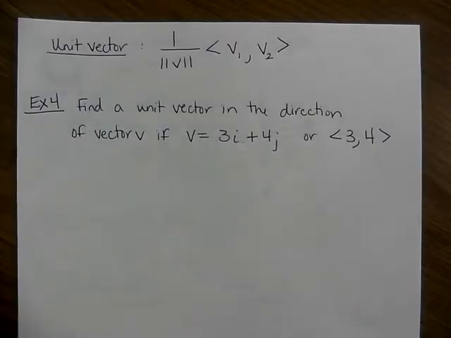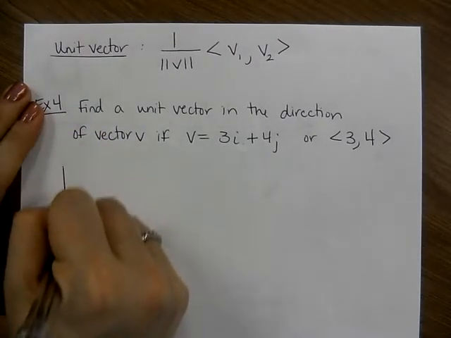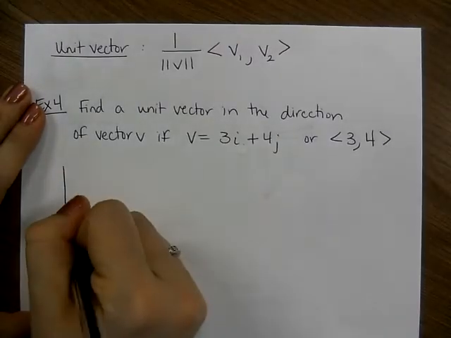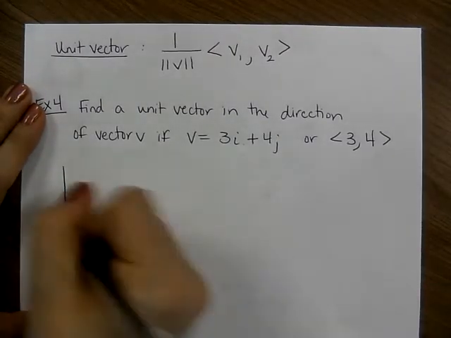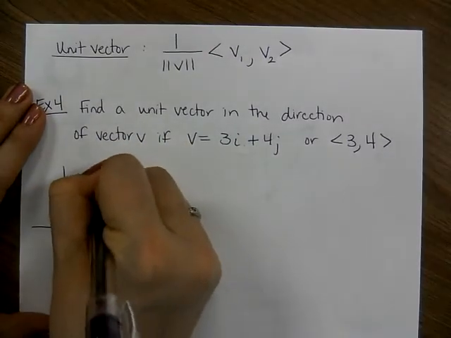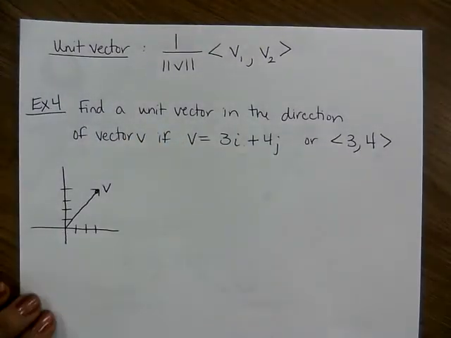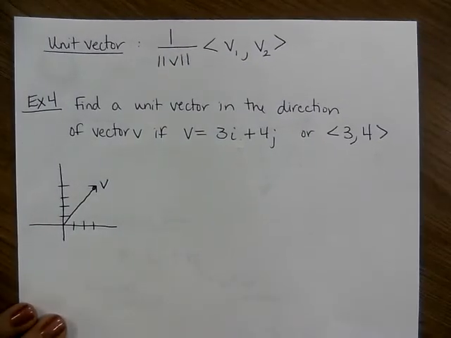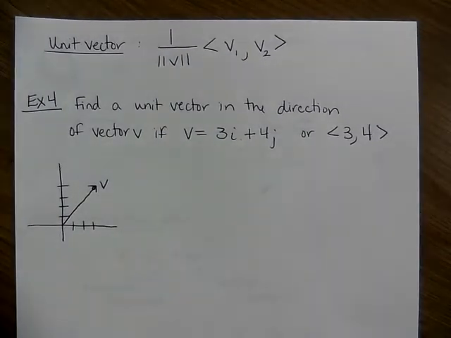So the first thing I want you to do is visualize this. Let's think about what this vector V looks like. We have 3 horizontally and then 4 vertically. So this is vector V. Now, the first thing you want to do is find the magnitude.